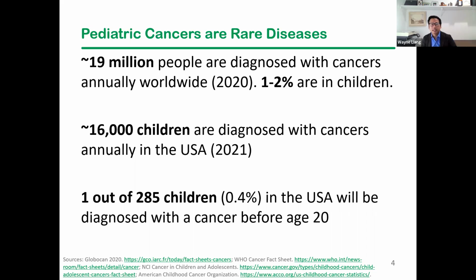In the United States, about 16,000 children are diagnosed with cancer every year, and that comes out to an incidence of about 1 out of 285, which is about 0.3 to 2.4%. So that's all pediatric cancers of all subtypes. So pediatric cancers as a group are rare, and each specific pediatric cancer type is very rare.